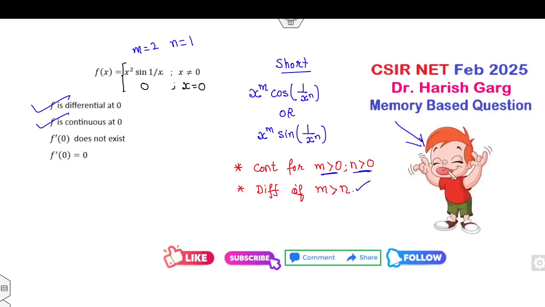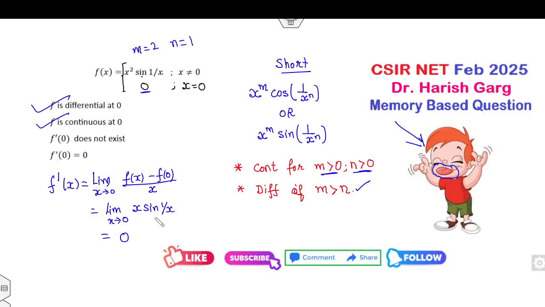So definitely your reaction will be that this is very cute. Now can you find the first derivative? What is f dash of x? Limit x approaches 0 of f(x) minus f(0) over x. f(0) will be 0, the x will be cancelled, leaving x sine 1 over x as x approaches 0, which is a bounded function times 0.